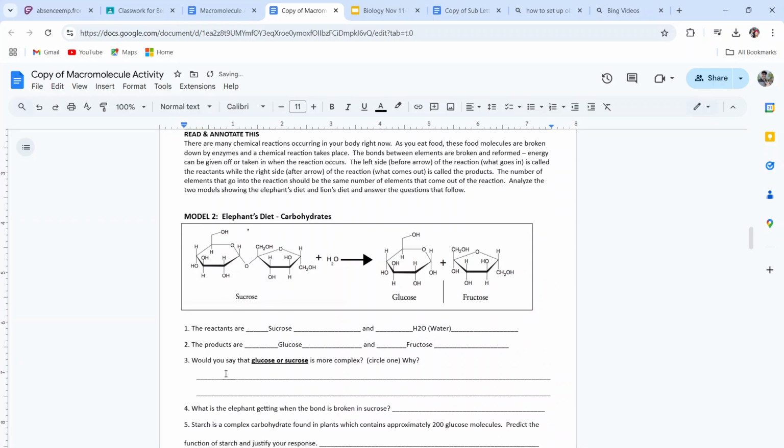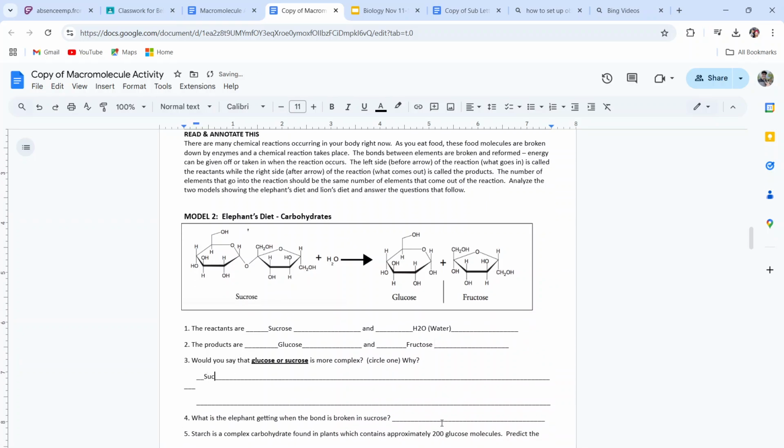Now, one thing that I want to make note of is that sucrose is what we call a disaccharide. Now, when we say di, it's a fancy word that means two. Saccharide is a fancy word that means sugar. This is a two sugar ring, okay?